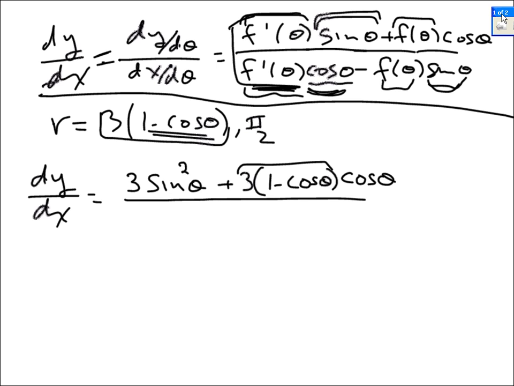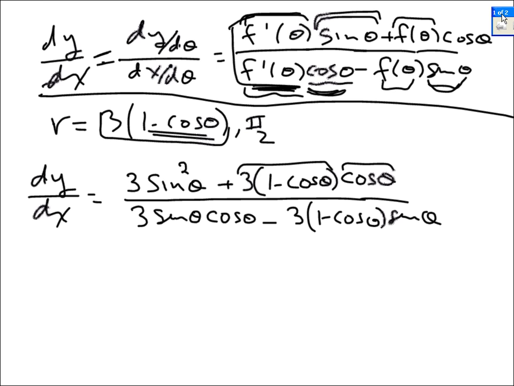The bottom is the derivative, 3 sine theta times the cosine of theta, minus f of theta, which is 3 times 1 minus cosine theta, times sine theta.